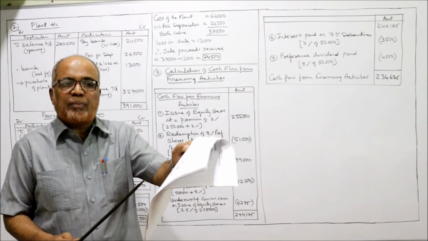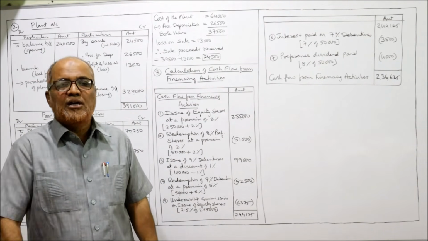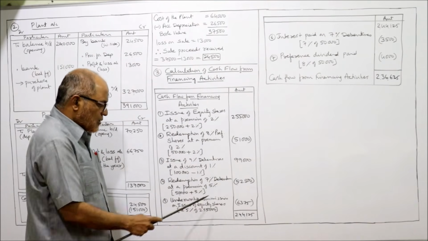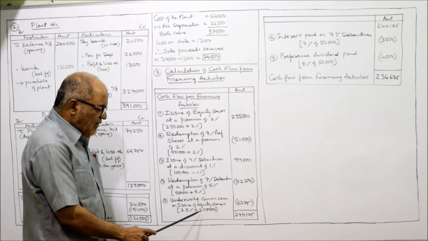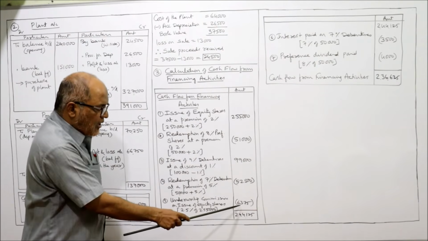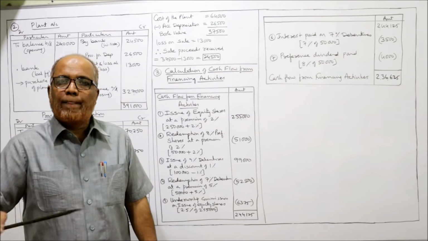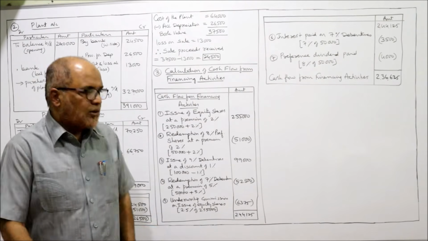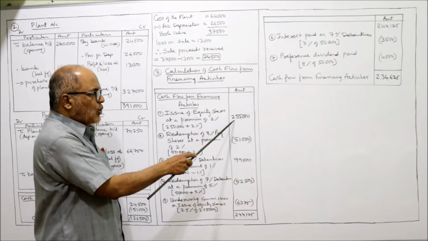So how much commission paid? 2.5% on issue price of equity shares. So issue price 2,55,000. Underwriting commission on issue of equity share is 2.5% of 2,55,000. It comes to 6,375. It is cash outflow because it is a payment. So bracket 6,375.